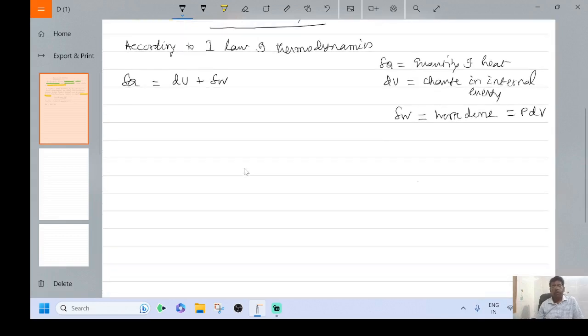Now the above equation 1 becomes del Q equal to dU plus PdV. Then dU is equal to del Q minus PdV.